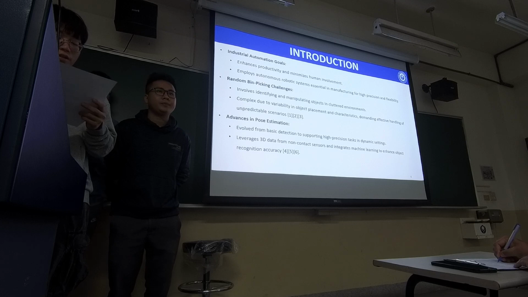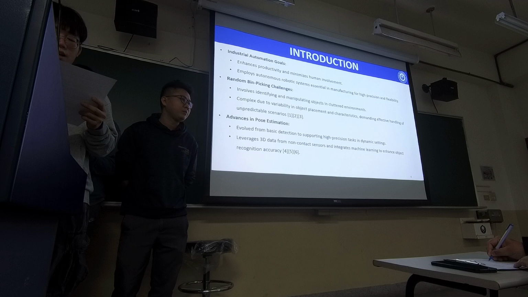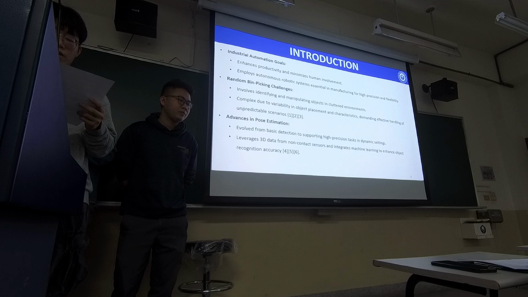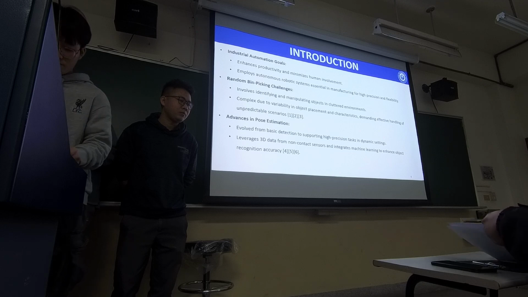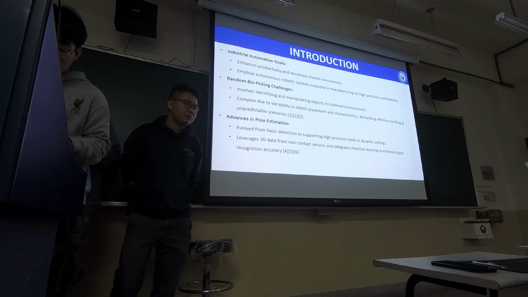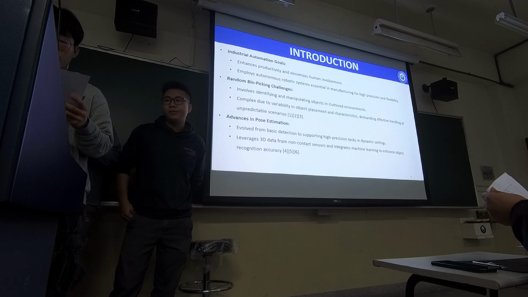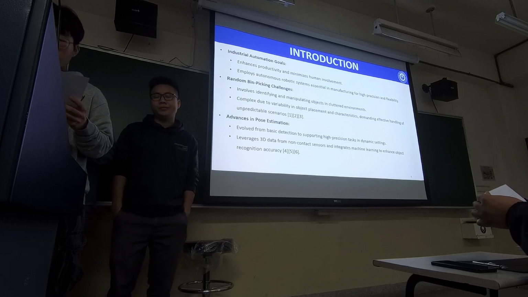However, random bin picking is a major challenge. Robots have to identify and pick objects in a cluttered environment where the placement and orientation of items are complex. This variability makes it a very complex problem to solve.